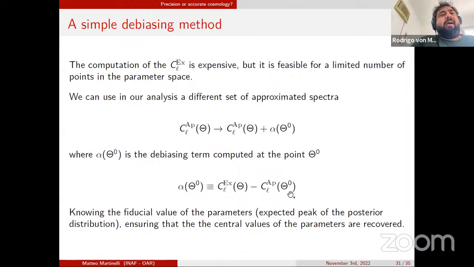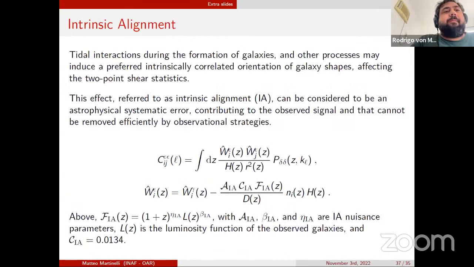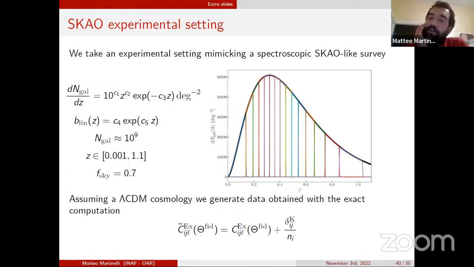My question is, is there a kind of hierarchy, which would be the second most important, in the sense that I can run the approximation and take into account one more, just to not have so many problems with computational time. So in principle, yes, but it all depends on your survey. So this is the structure that we use for our SKA-like survey. This is the number density of galaxies and how we binned it.